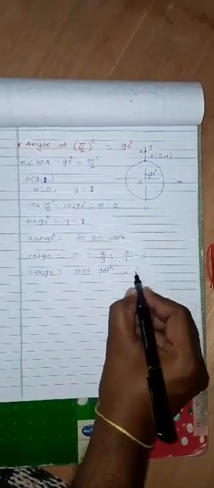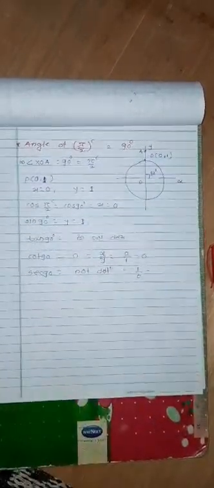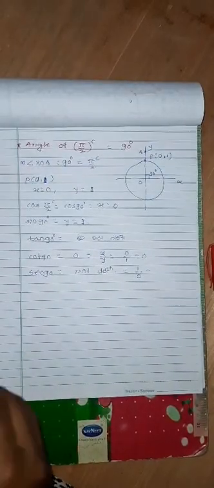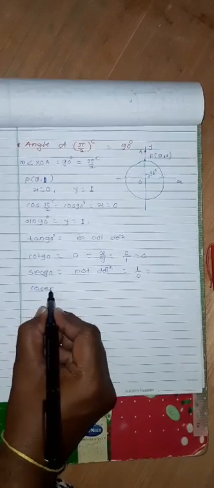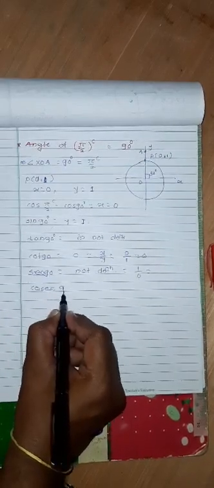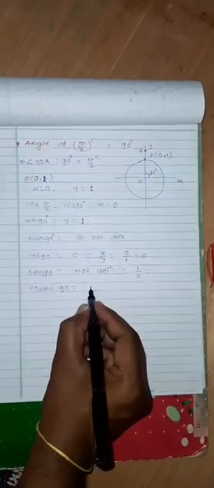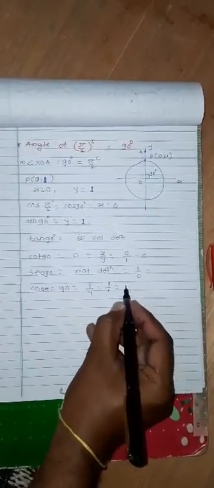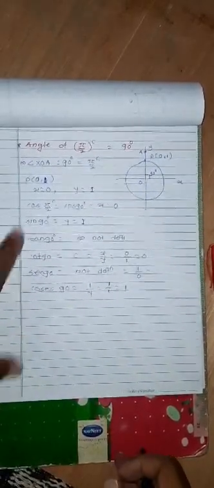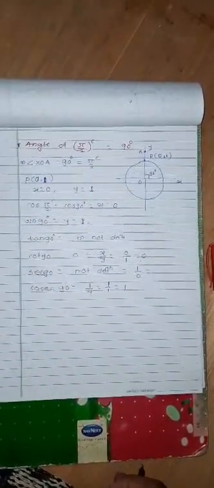Because it is the ratio of 1 upon 0, and it is not defined, isn't it? Okay. After that, cosec of 90 is 1 upon y, means 1 upon 1 is equal to 1.